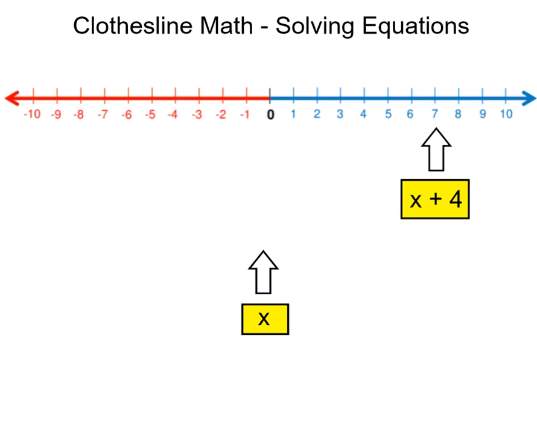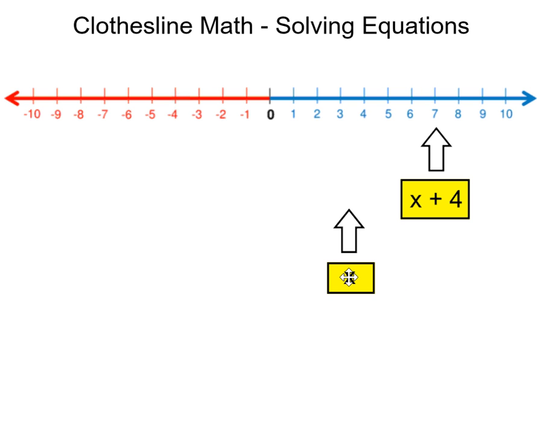So in this video, we're going to look at solving equations from a clothesline perspective. If I told you that x plus 4 was at 7, where do you think we would put x? Would x have to be bigger than x plus 4, or smaller?